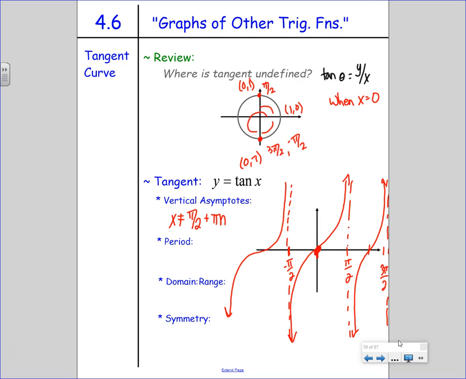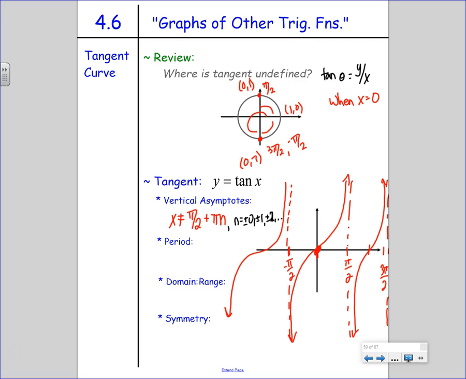Nick was asking earlier, this is for all integers, or all positive or negative whole numbers. So it could be 1 pi, 2 pi, 3 pi, 4 pi. You could be adding 1 pi, adding another pi, adding another pi. It's just saying it's going to repeat over and over.